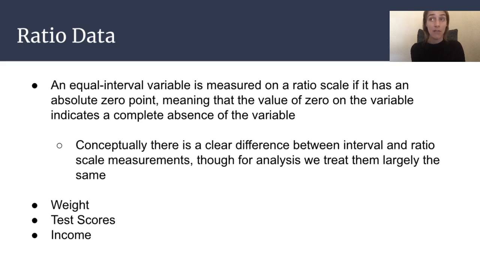So we can have negative income, we can have positive income, but what's important is that we have a true 0 that means the absence of the value. And even more so, we have equal distances between measurements on that value. So if we take money, we might be measuring in dollars, right? A dollar is the same whether you have negative 20,000 in your account or if you have positive 20,000 in your account. So that's what ratio data is, equal interval data, data that moves in equal distances on a numeric scale.